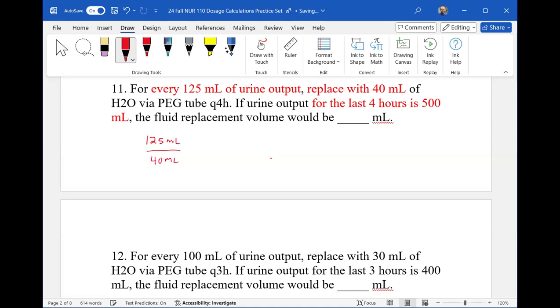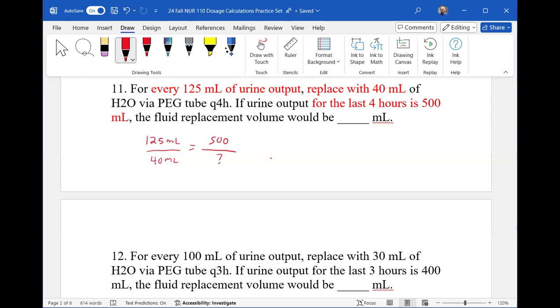So 125 is my output volume and my replacement volume. That's my given. And then I'm setting that equal to my output, which is actually 500, and we don't know what this is. Now you can put a variable there. You can say X or A or whatever you want to do. That's fine.